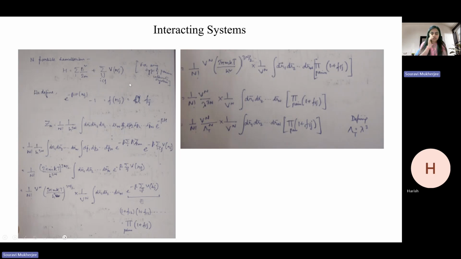Till now, when we have solved for non-interacting free particles, we have done a similar process. There the Hamiltonian was nothing but summation over i of pi square by 2m. But now you have an additional term which is coming because of the potential, so e to the power minus beta summation over i j V of rij.